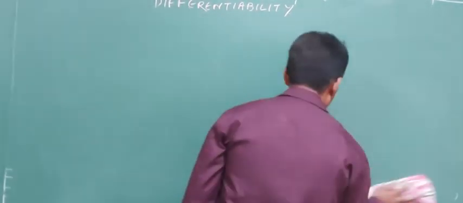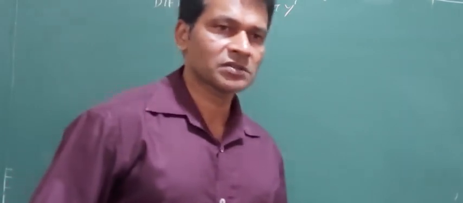Just before some time I told you the functions which are differentiable are continuous. Sometimes a question will be given to you where you have to find out some unknown values.